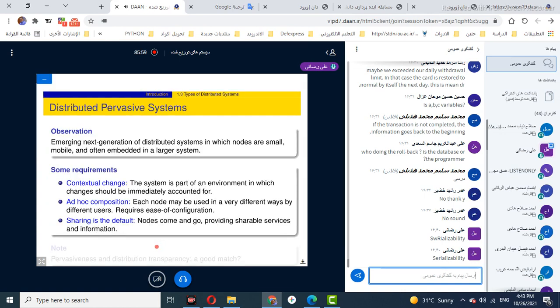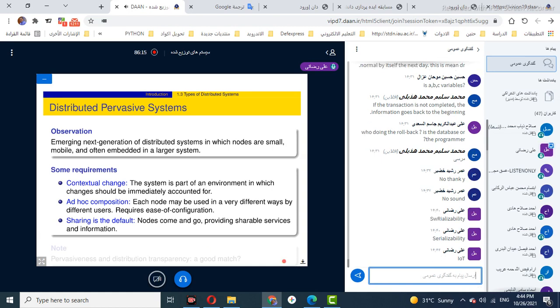Now let's proceed to the next and last type of distributed systems, which is called distributed pervasive systems. You may have heard about something which is currently a buzzword, Internet of Things, IoT. Yes, I think many of you have heard about IoT, or Internet of Things.